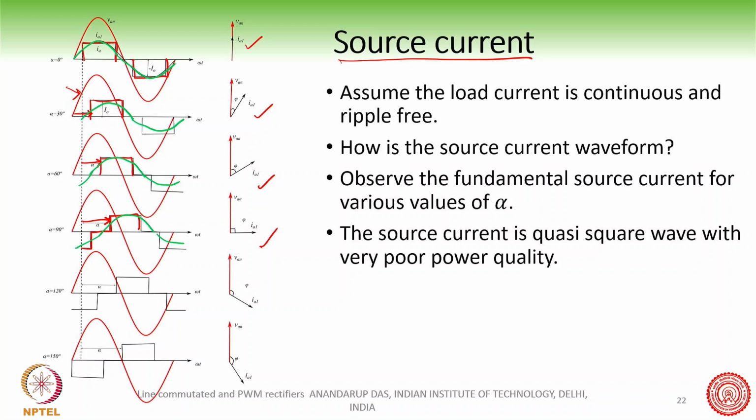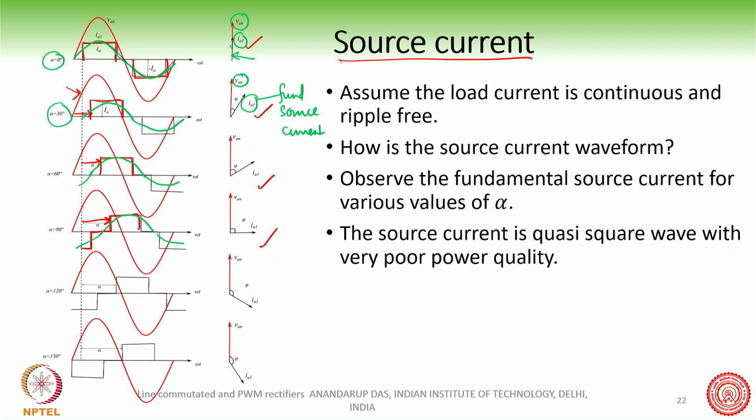As you shift your firing angle, the angle between the fundamental source current and the fundamental voltage, which at alpha equal to 0 was 0, changes. At alpha equal to 30 degrees, this is the fundamental source current, and this is the fundamental voltage.